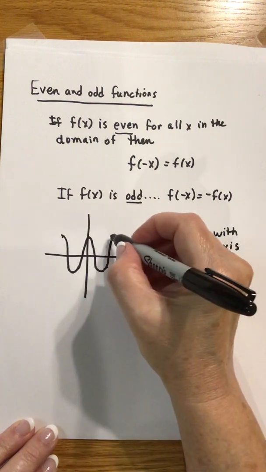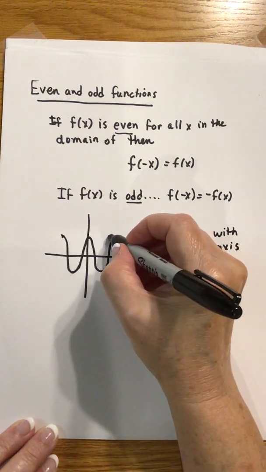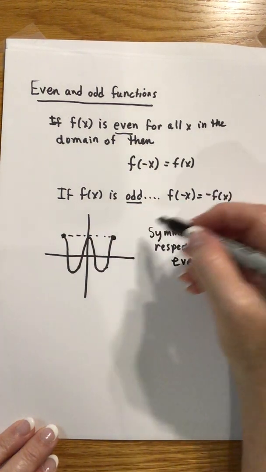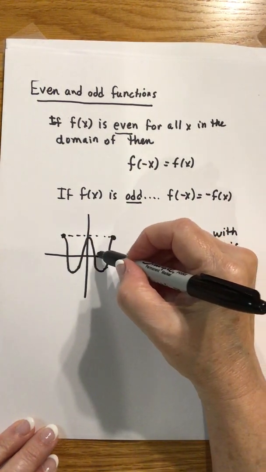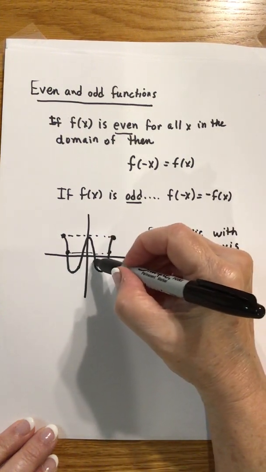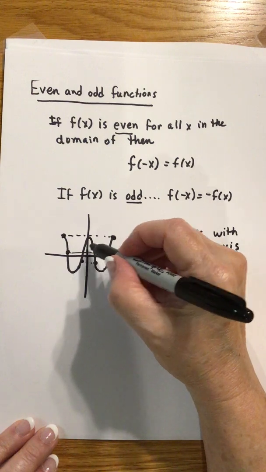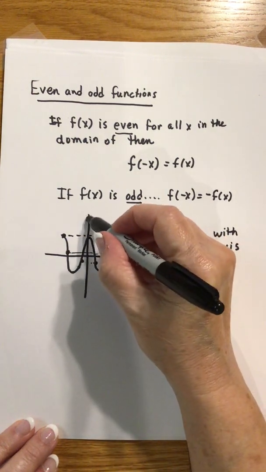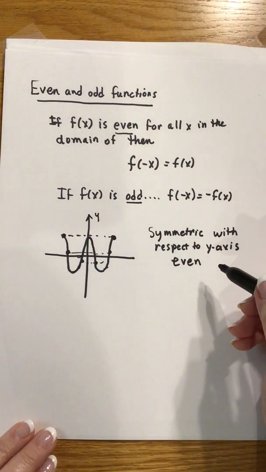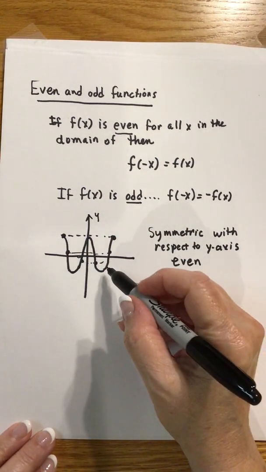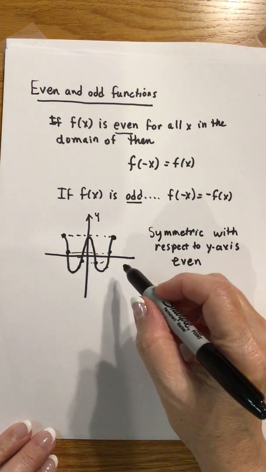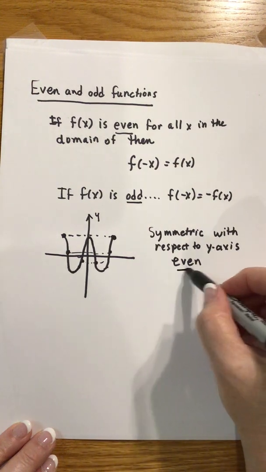Well, if I have a point over here, then there's going to be another point on the other side right there. If I have this point down here, then there's going to be another point over here. Or if I have this point, then there's going to be another point over here. So if I were to fold it on the y-axis, you would have this piece laying right on top of this piece, right? So we can look at a function. If it looks symmetric with respect to the y-axis, then we know it's an even function.